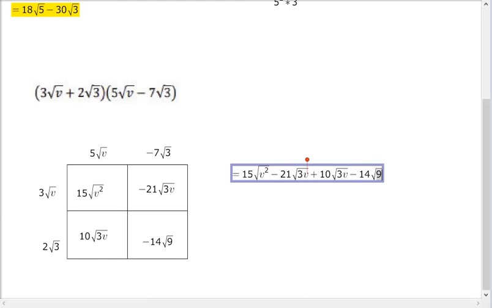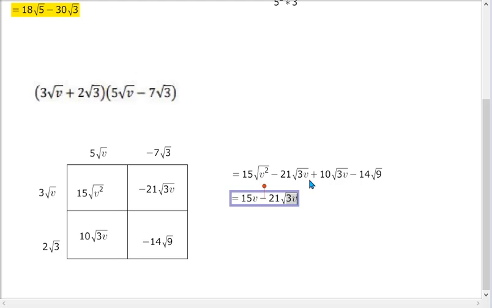Remember, it's important to simplify. So here we are going to simplify, and remember, b to the second is the inverse operation with the radical, so we divide 2 by the index 2. So we are going to have 15b minus 21 square root 3b.